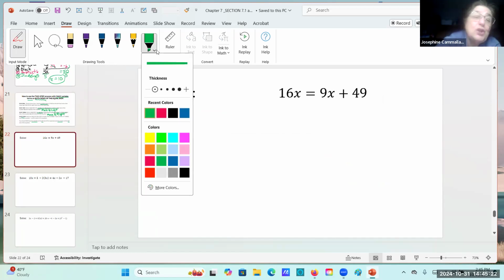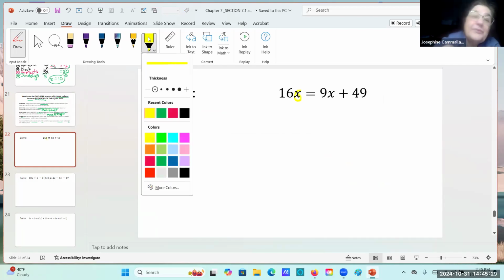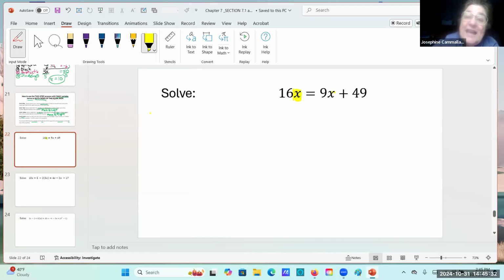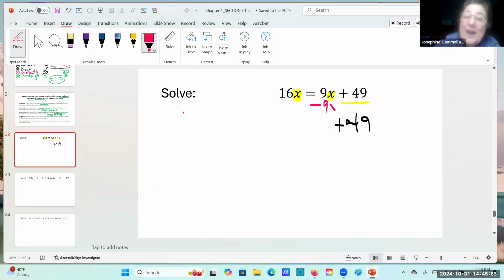Okay, first off, notice right away I have a variable on the left side and the right side. I have 2 variables. Can't have 2 variables, but I have one number. Well, the one number is staying, and don't lose its sign, but this time I'm subtracting so that this number, 49, is all by itself, which gives me 7x.